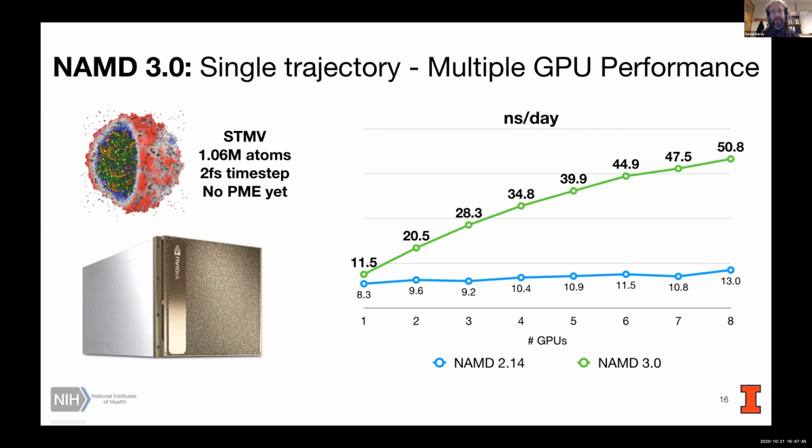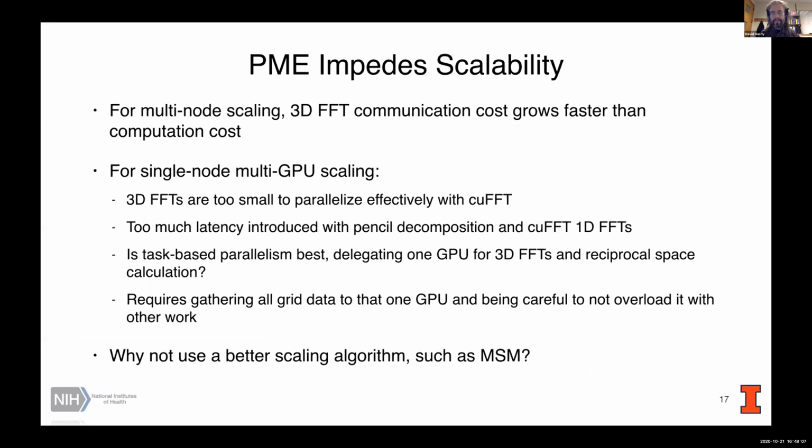So there's a lot of overhead from this approach right now, and that's why we're not really seeing linear scaling on this yet. But we feel good about the fact that this is giving us something right now. However, we haven't extended this to PME yet. PME is a little bit complicated to handle. So let's talk about that.